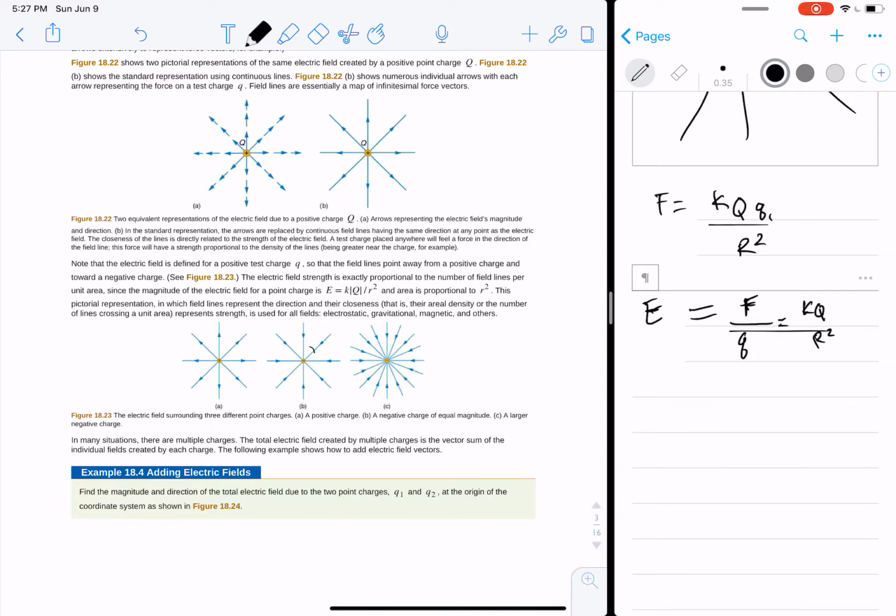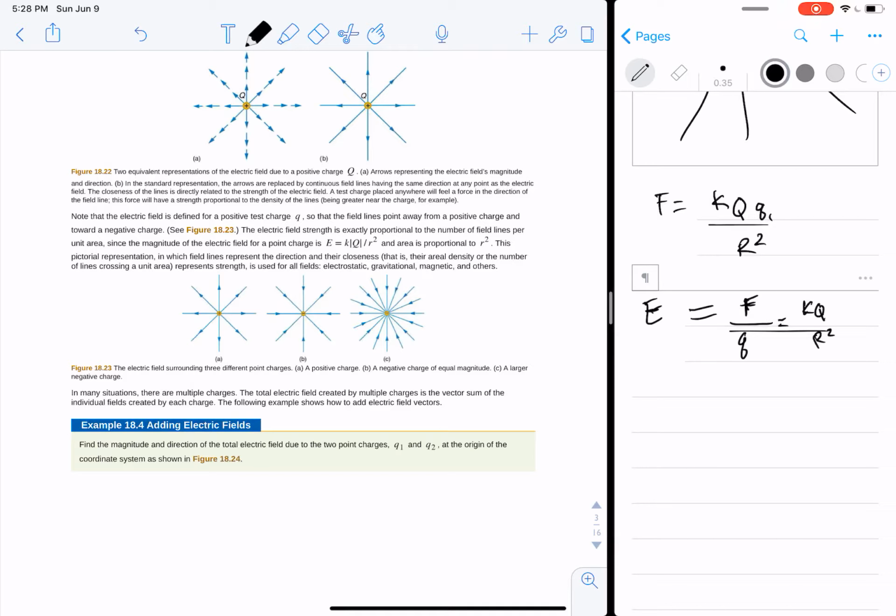So we call a positive charge a source, and a negative charge is called a sink. Water comes from a source and goes down a sink. Same thing with charge. We can think of the electric field as emanating from a positive charge and ending on a negative charge.